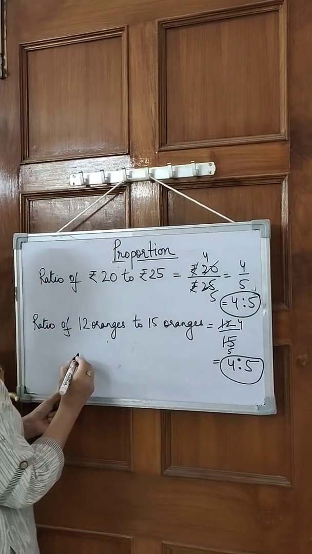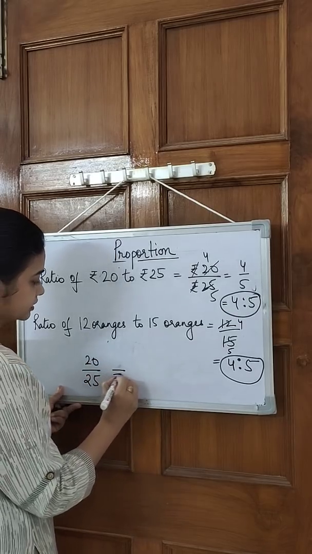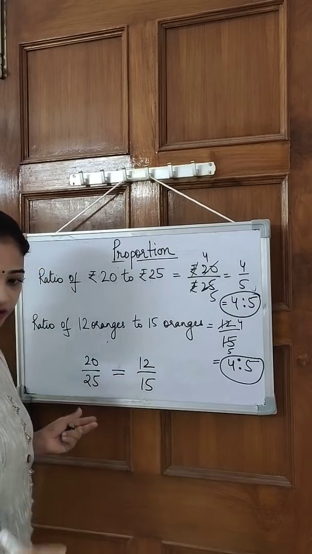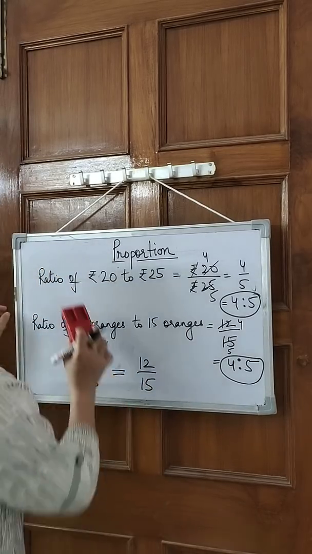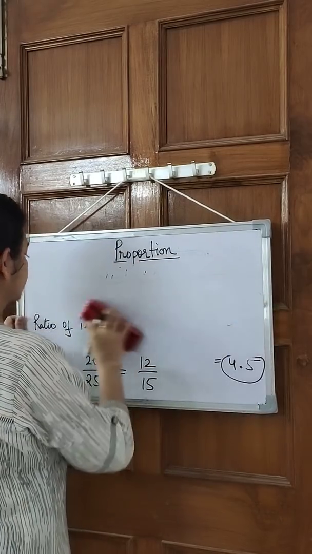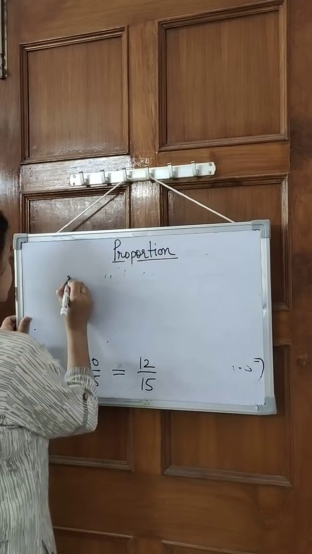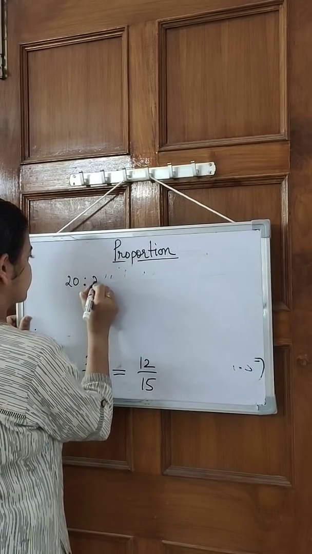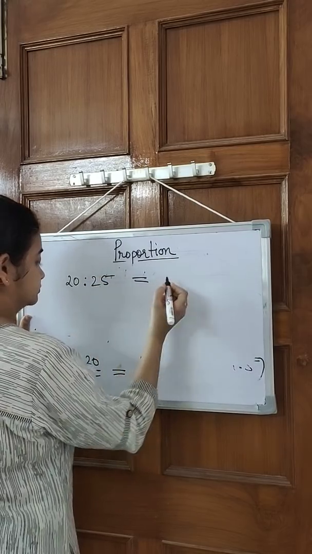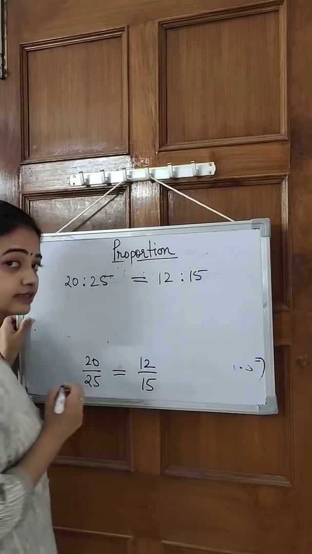So we can say that 20 upon 25 is actually equal to 12 upon 15, which in the form of ratio can be written as 20 is to 25 is equal to 12 is to 15. Yes?